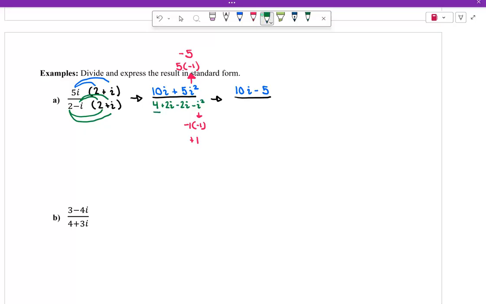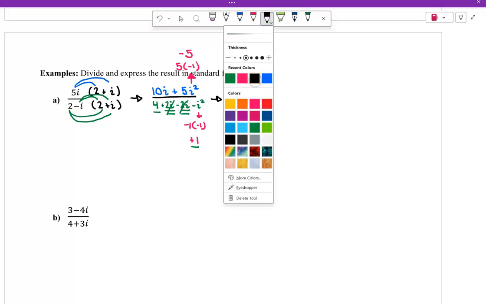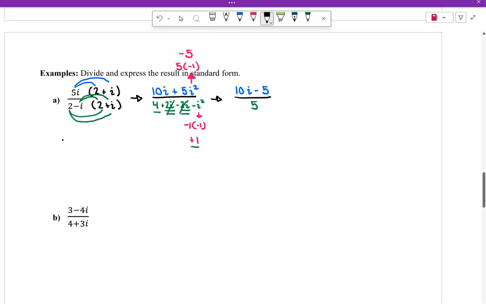So 4 plus 1 is 5. 2i minus 2i, they cancel. You can kind of think of it like this when you're dealing with conjugates. You take the first one, which is 2 squared, minus the last one squared, which is i squared. We get 4 minus i squared.